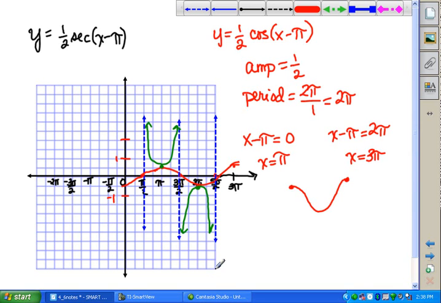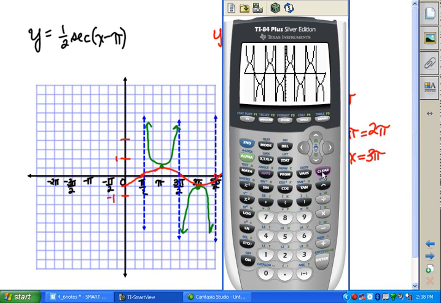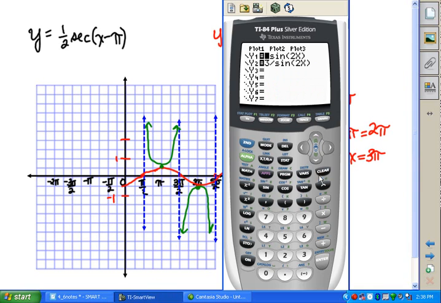Okay. Now if you wanted to do this on the graphing calculator, we can draw first of all 1/2, so I'll enter that as 0.5 times the cosine of x minus pi. And we probably want to change our window here because we had to go over to 3 pi to see a full cycle.